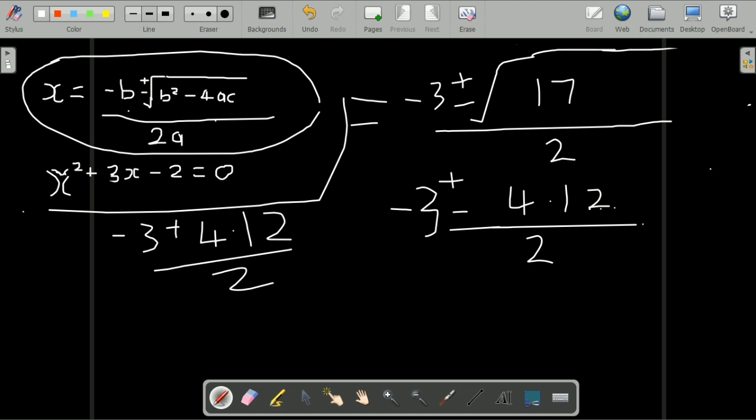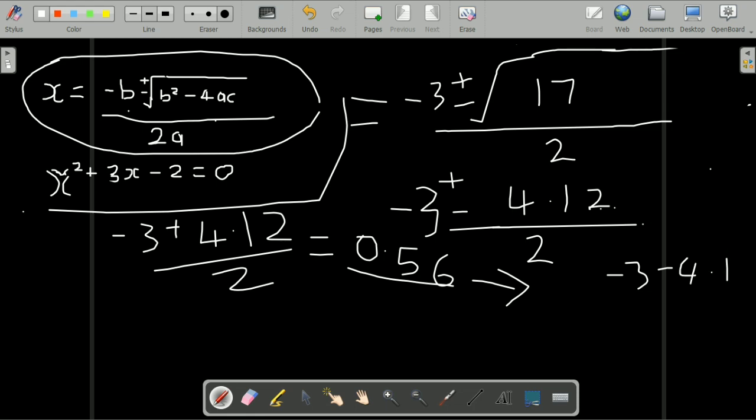The answer that we get here, let me check my calculator, is 0.56. So that's our first answer. Our next answer, we do it with a negative 3 minus 4.12 out of 2.